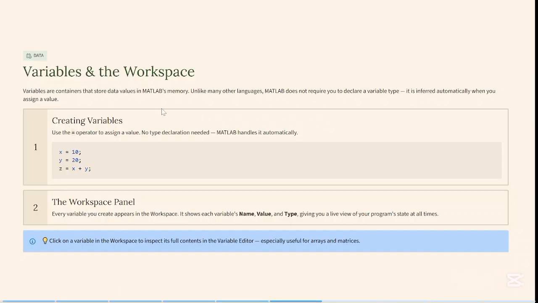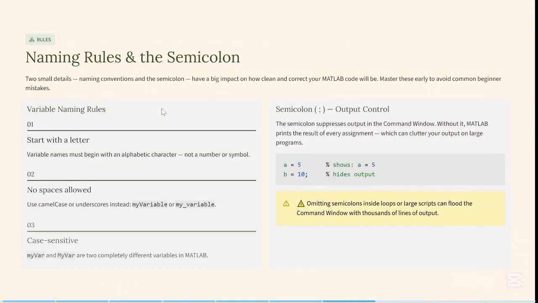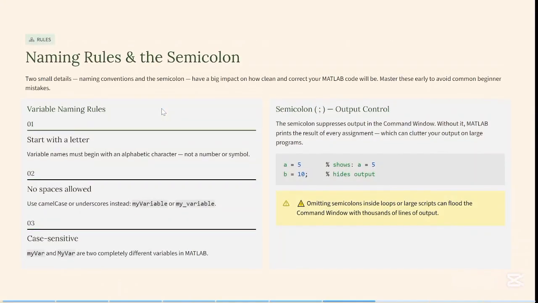Okay, what we can do further is naming rules. There are certain restrictions before naming variables. The first rule is starting with a letter. You cannot use any variable that starts with a number or any invalid character.